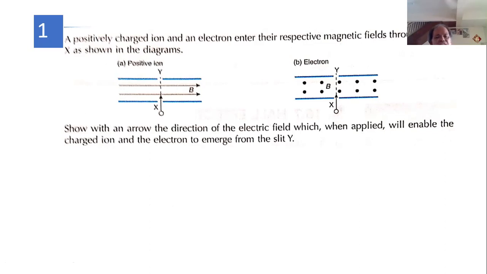Then after that, you have to determine the electric force to decide the electric field. So where's the magnetic force? Going in. Okay, so you want the magnetic force going in, then where's the electric force? Coming out.